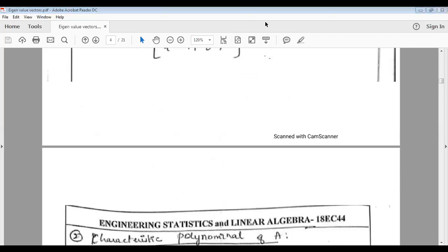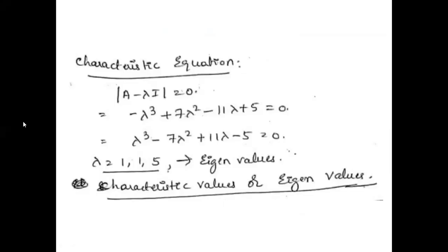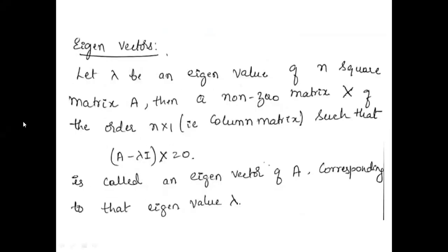So I'll go back to the slide again. So let's now move to eigenvectors. So let lambda be the eigenvalue. Like I told you, the eigenvector and eigenvalue are not independent; they are related to each other. So to find the eigenvector, you need to find the eigenvalue. So let us assume that lambda is an eigenvalue, which we have already found using the process we just discussed.